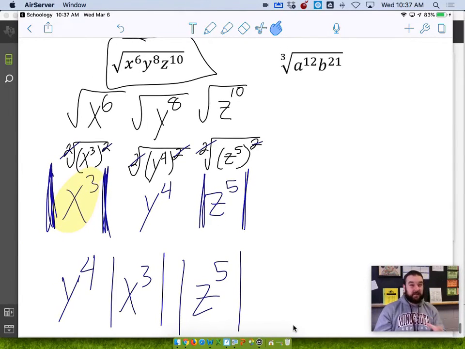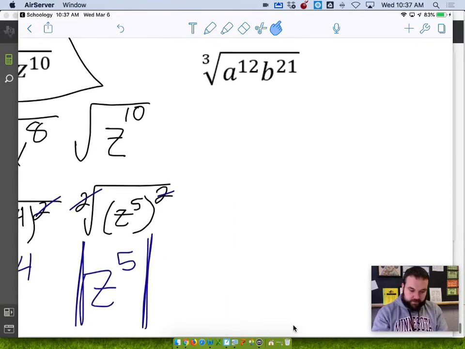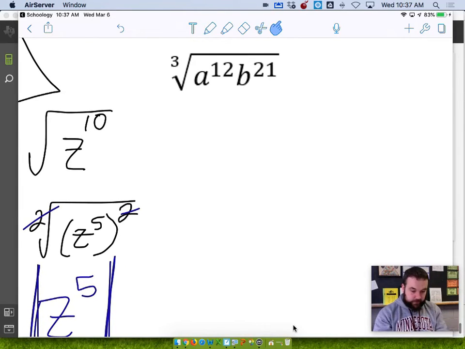So that's kind of a confusing one, and I understand it is, and it's okay to be not super clear right away. What we'll see is that since I'm third rooting, my index here is a 3, so I don't care if my answer is a positive or a negative, because when I'm third rooting, I can get either a positive or a negative answer back.